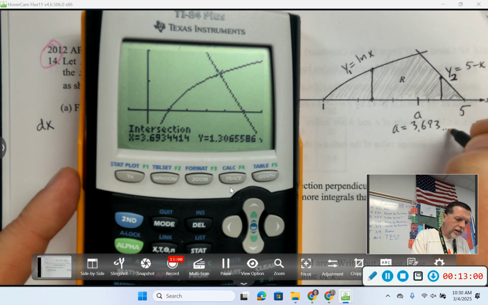What is the right side attached to of my little line here? 5 minus x is kind of right. Yeah, everything's got to be turned in terms of y. So it is attached to y equals 5 minus x, but I need it to be in terms of x, so x equals 5 minus y.